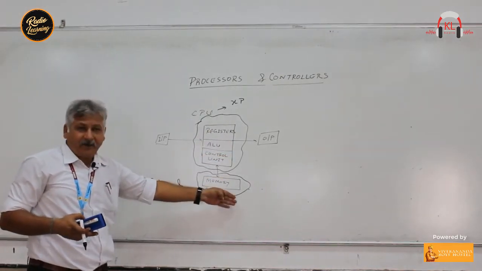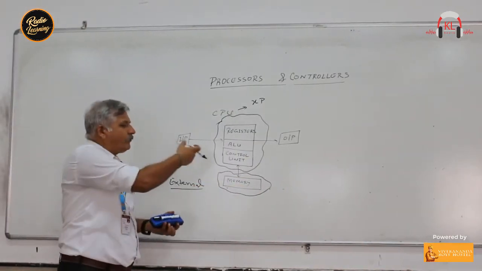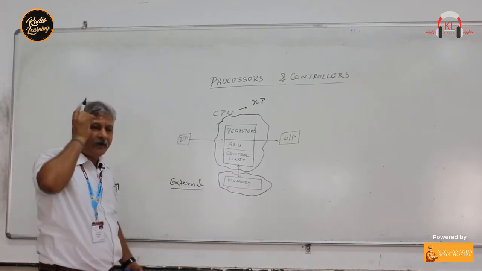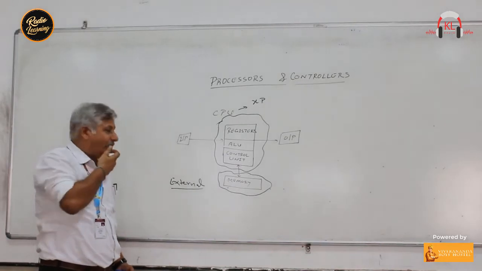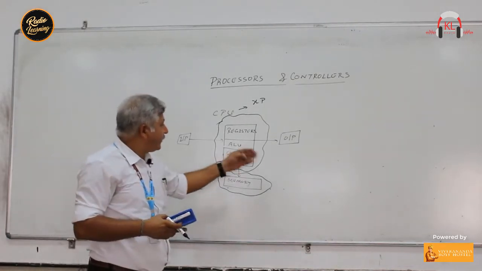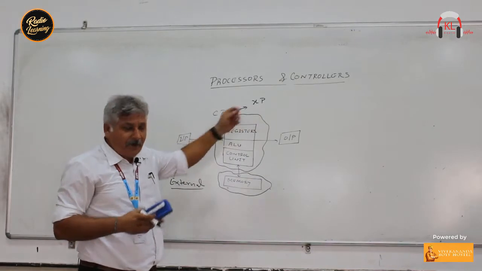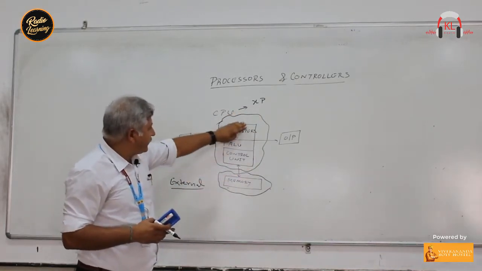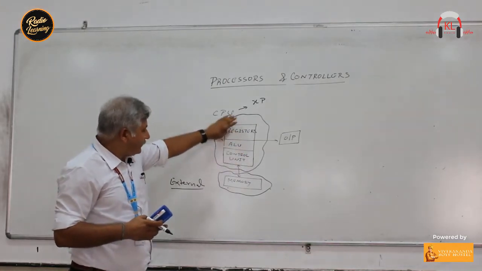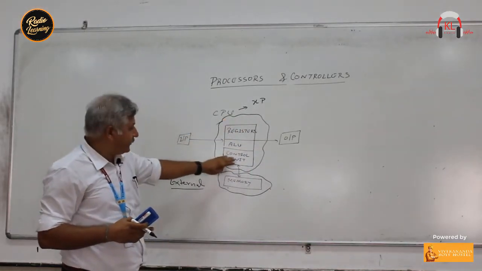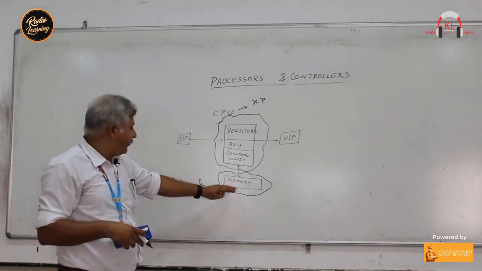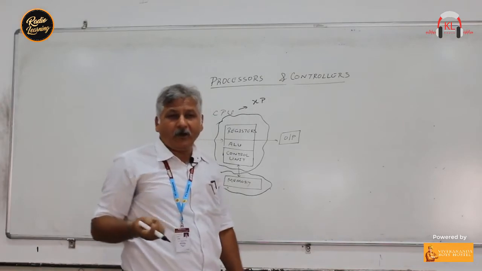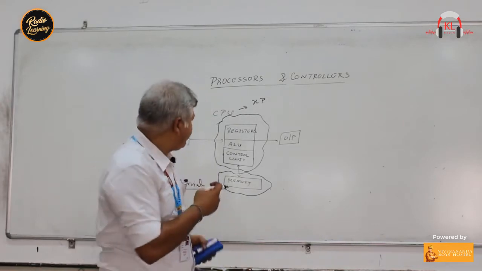It is external, and you have to connect it externally. Apart from this, we have some more components like timer and other devices like interrupt controller. All those things are external to this processor, right? So in the processor, we have only registers, ALU, and control unit on one single integrated circuit, and the remaining things, like memory and interrupt controller, are external parts.